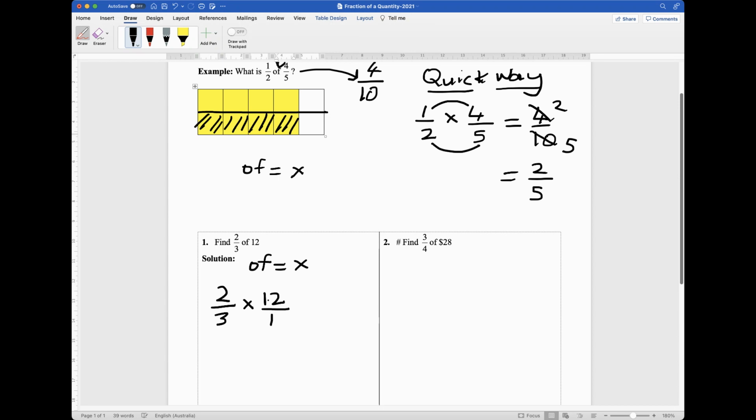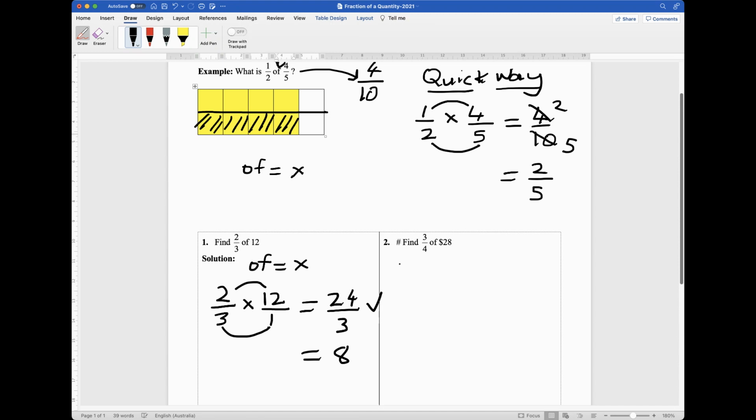For whole numbers, you write them over 1 if there's no denominator. Now, you're going to multiply. 2 times 12 is 24, and then 3 times 1 is 3, but we can do better than that. 24 divided by 3 is 8.